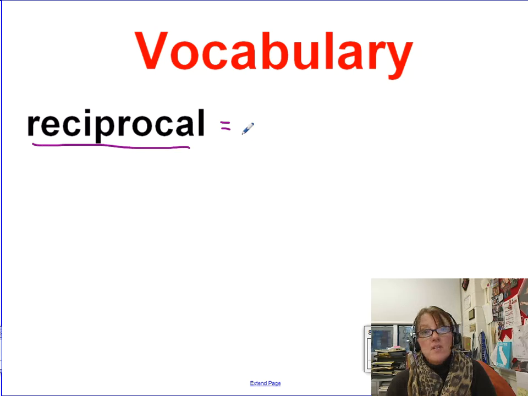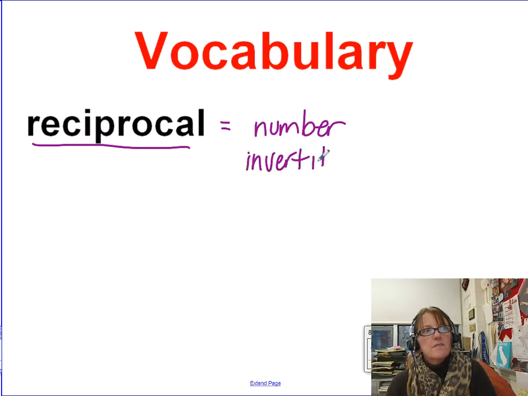Let's take a look here. What is the reciprocal? The reciprocal is a number, and it's kind of the inverse when you multiply. But for our purposes, you basically invert it, or in other words, you flip it upside down.